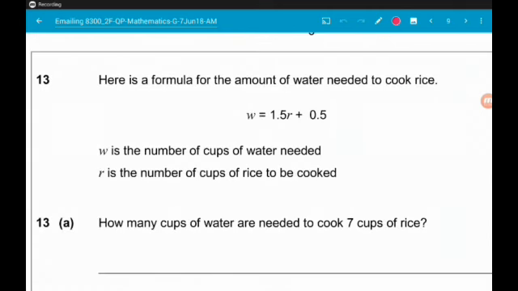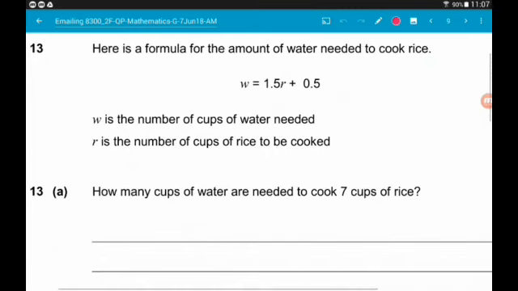Okay, question 13. So we're given a formula for the amount of water needed to cook rice. So W is 1.5 R and 0.5, where W is the number of cups of water and R is the number of cups of rice. So part A asks us how many cups of water are needed to cook 7 cups of rice.